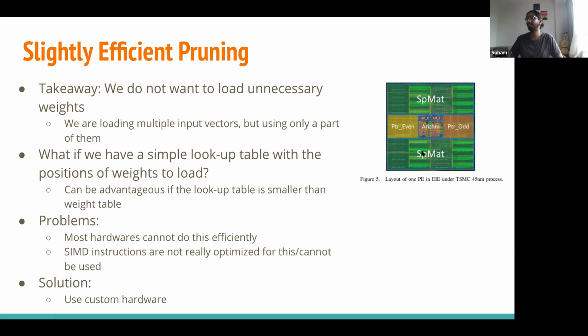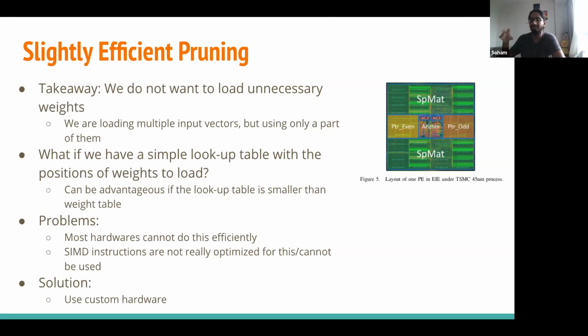The EIE hardware also has something called a zero lookup. What that basically does is check whether the memory it's trying to read is a zero or not, and if it is, it just doesn't read it.